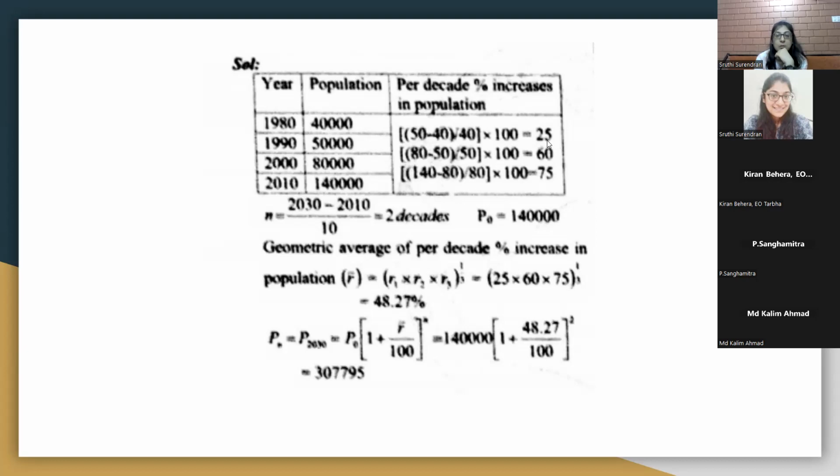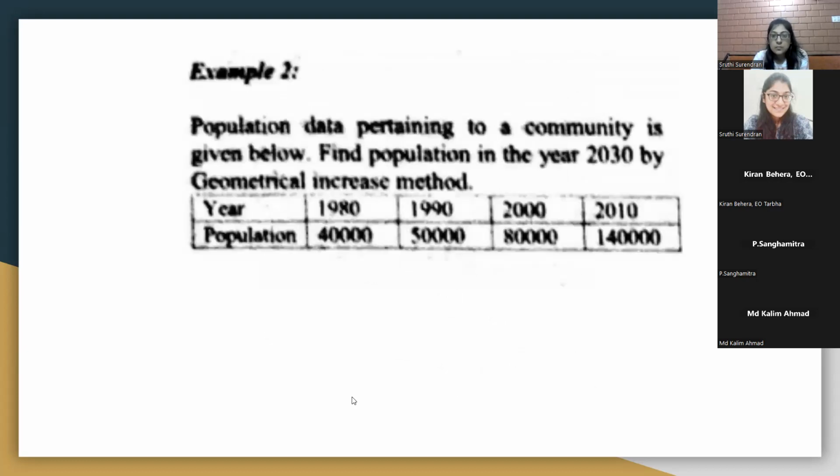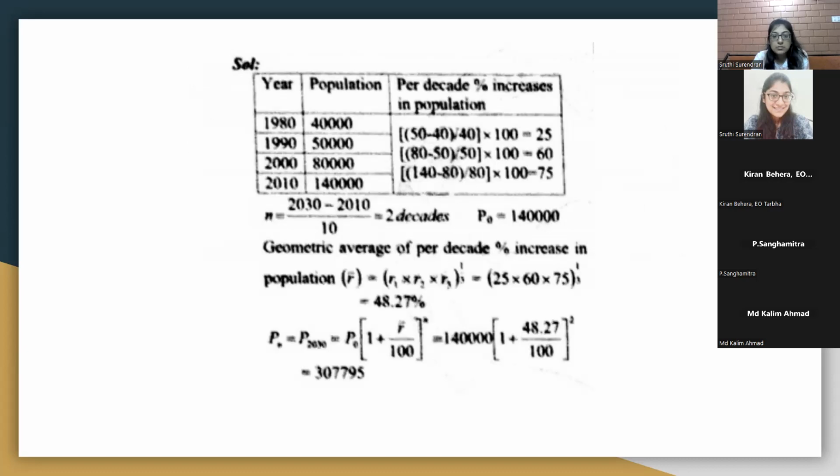After that, multiply all the three values and raise to the power of 1 by the number of values, which gives us the Ka value. The number of decades required here is 2 decades. Initial population is 1,40,000. By substituting in this formula, where the A value is going to be the decades value, we will get the answer 3,07,795, which is option. Oh, sorry, no option was given. So yeah, it's a direct fill in the blanks question.